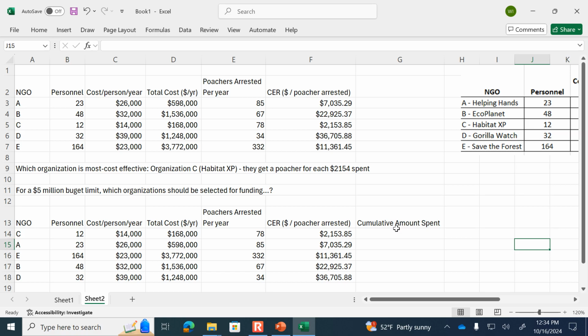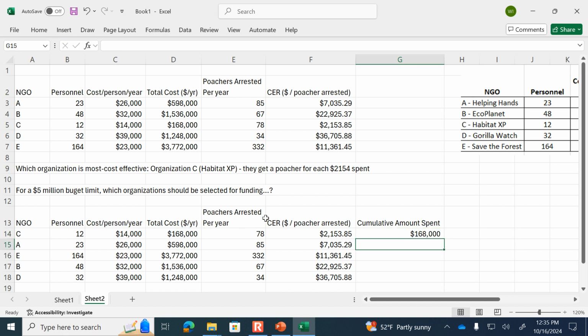For the cumulative amount spent, it should be based on the total cost, not based on the poachers that are arrested. So this poachers arrested is just to give us an idea about the relative efficiency of each organization. But for the cumulative amount spent, if we say that organization C, which is Habitat XP, is getting funded, then how much do we have to spend to fund their organization? $168,000.